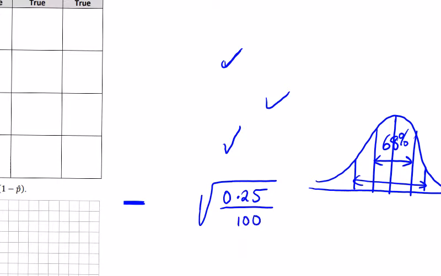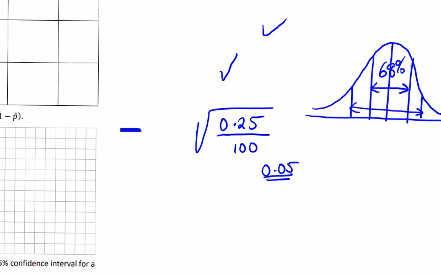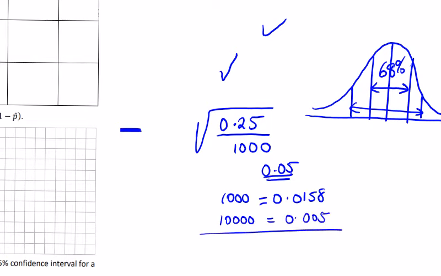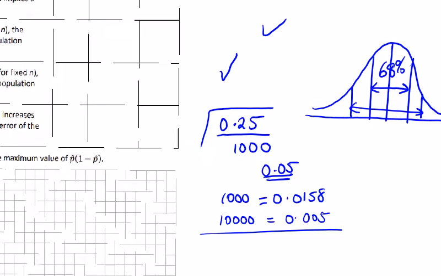If we take 100 as the sample, this will give 0.05 as this part of the standard error. We haven't multiplied by 1.96. If we take 1000 as the sample, we're going to get 0.0158, and 10,000 obviously getting smaller again, 0.005 if you check these on a calculator. So this is never true.